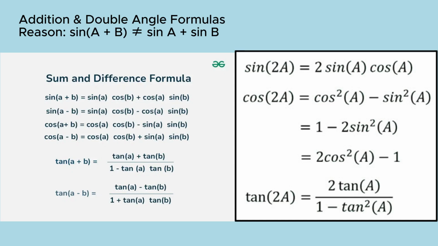For this reason, we are going to look into the sum and difference formula. If you see on the left, the sum and difference formula, you can get it by using the two triangle method, combined, so that you can get all the operations found in the addition.